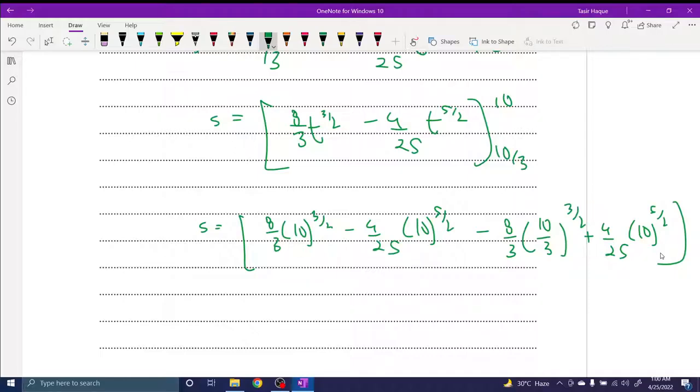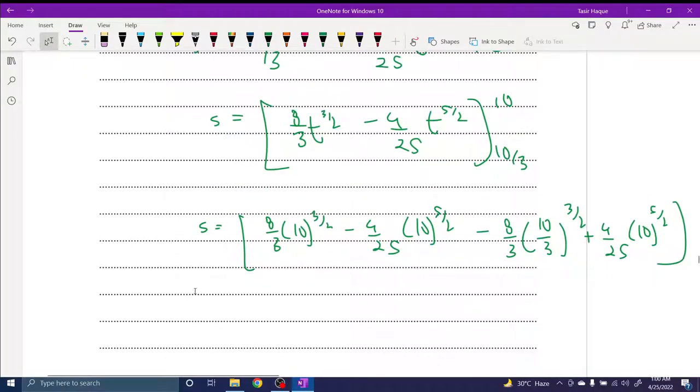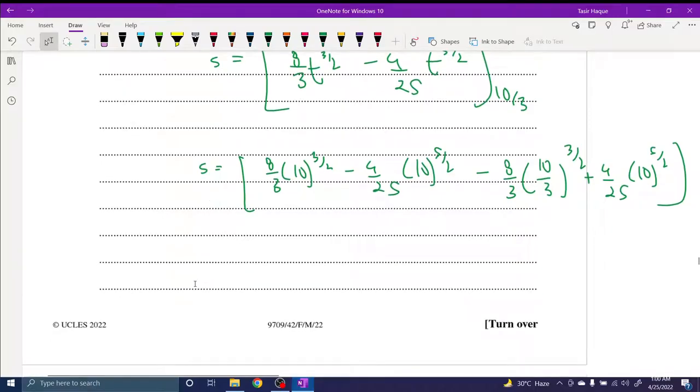Just solve this. You don't show the breakdown. Do it step by step though. 10 to the power 3 by 2, right?